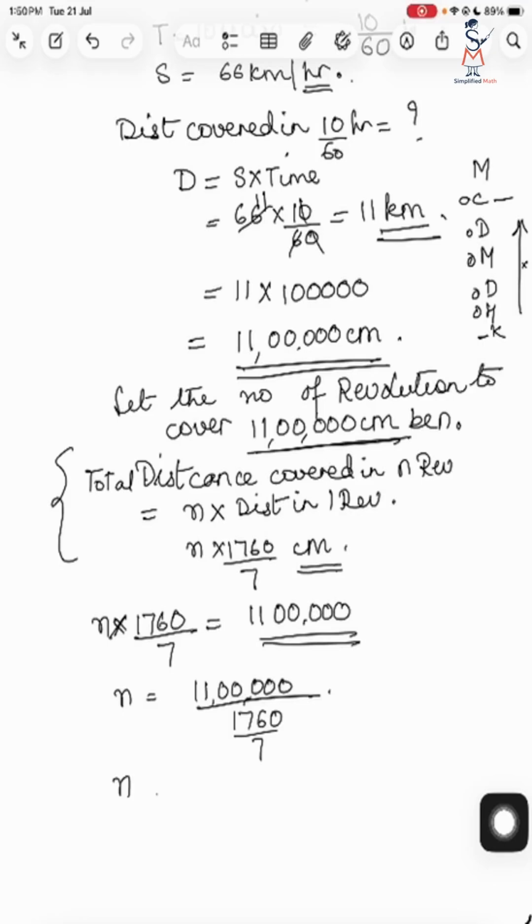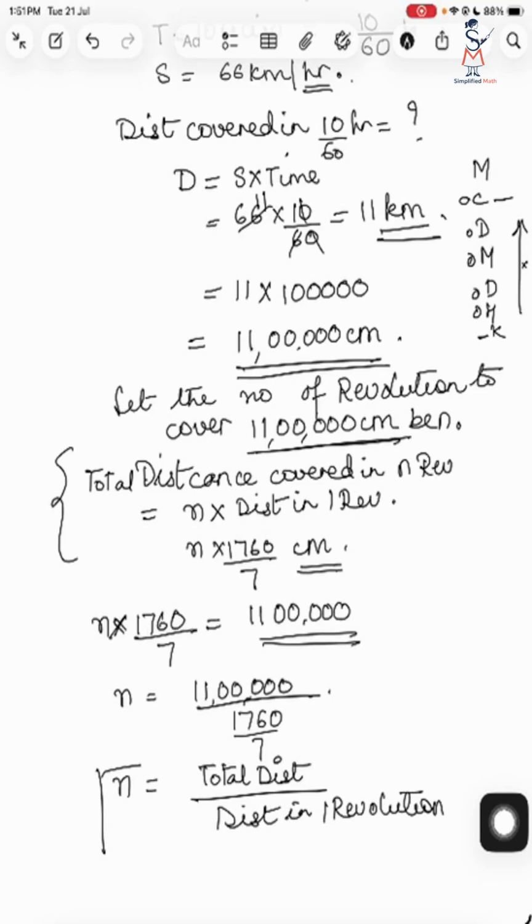Now simply you can do number of revolutions is total distance by distance in one revolution. You can directly do this also. You will find the total distance in 10 minutes and divide by the distance in one revolution. You will get the number of revolutions.